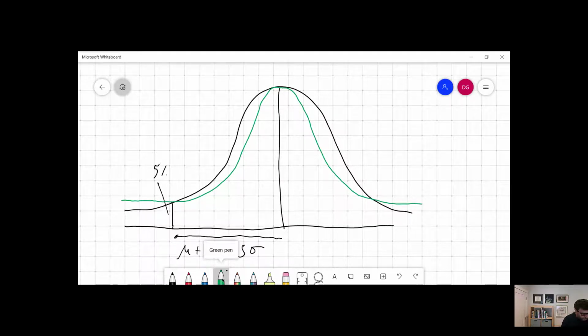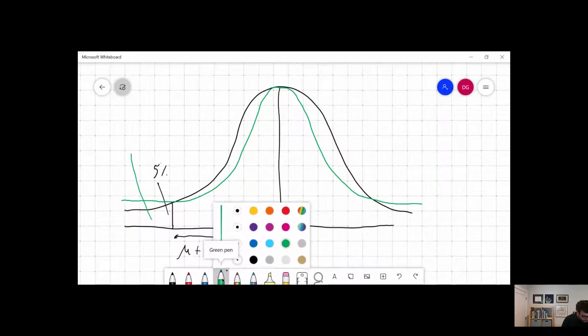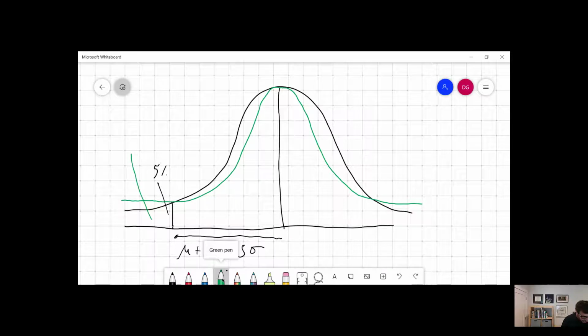And just like before with negative skew, positive kurtosis means that if I only go the mean minus 1.645 standard deviations, I'm actually going to have an area of the curve to the left that's greater than 5%. Once again, I can see that this area is actually larger than 5%.